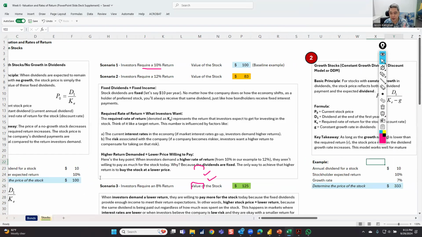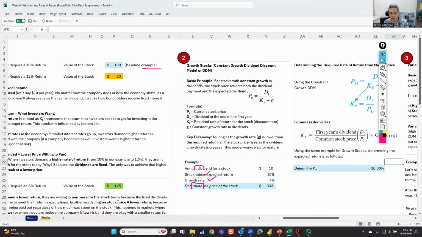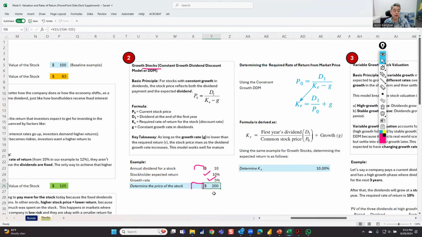Instead of paying 100, because there's a constant growth now, the amount is actually higher. Even if I make this 5%, the amount is actually higher compared to a no growth dividend type of scenario. Okay? So I wanted to make sure that we can make some tweaks on the first one compared to the second one.